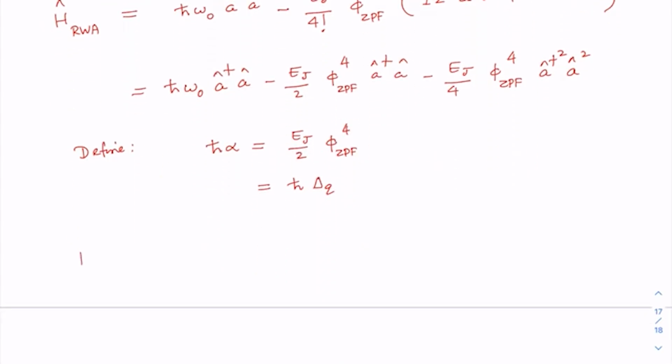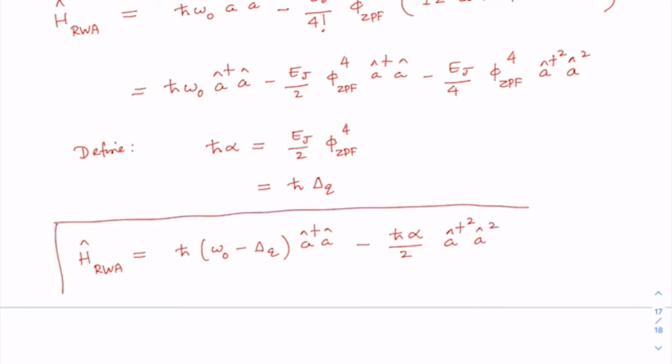Then we can write the transmon Hamiltonian under RWA, rotating wave approximation, as h cross omega 0 minus delta q a dagger a minus h cross alpha by 2 a dagger square a square. So this is the form of the transmon Hamiltonian we finally obtained.